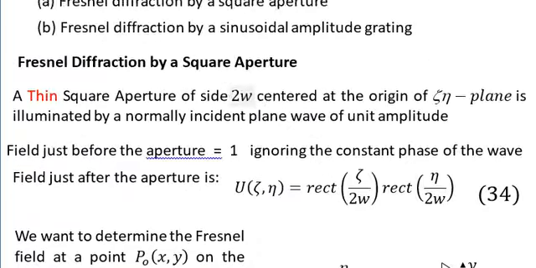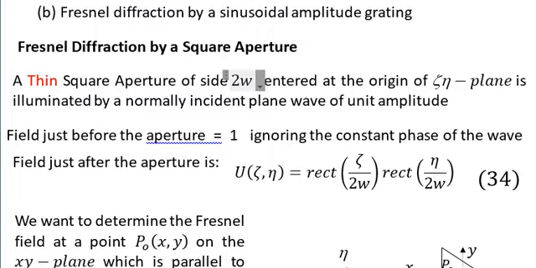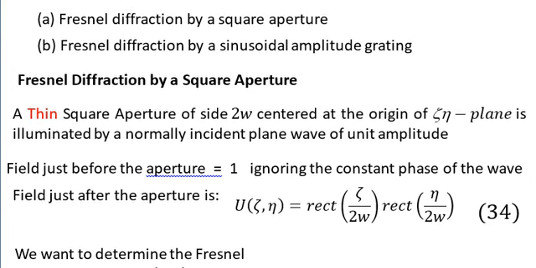Let's describe them as given in the statements. A thin square aperture of width 2w, centered at the origin of the zeta eta plane, is illuminated by a normally incident plane wave of unit amplitude.